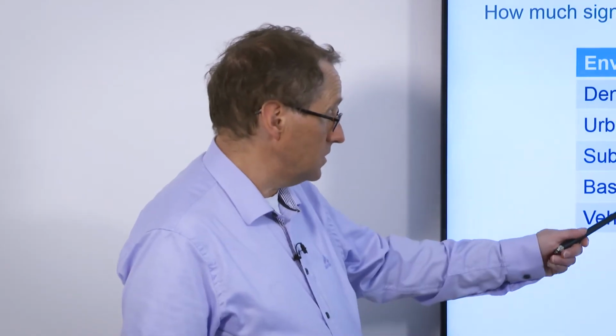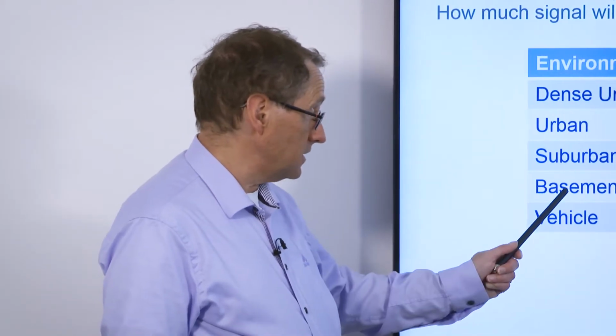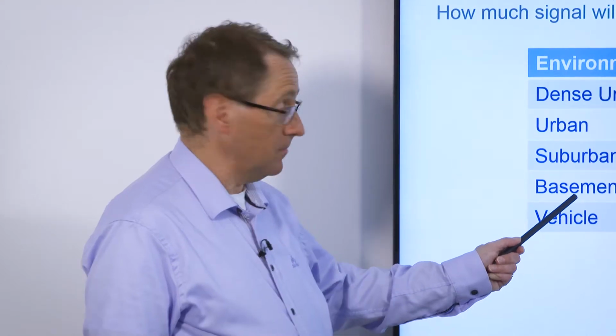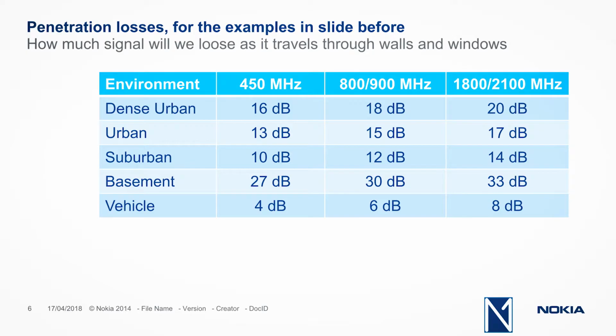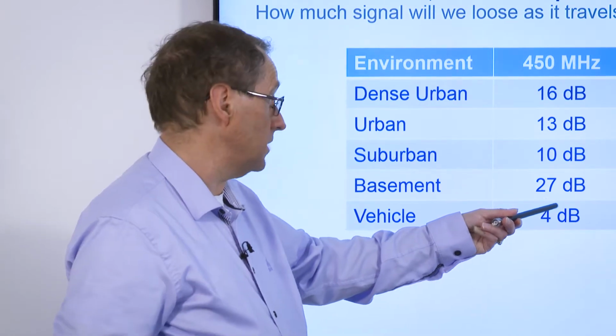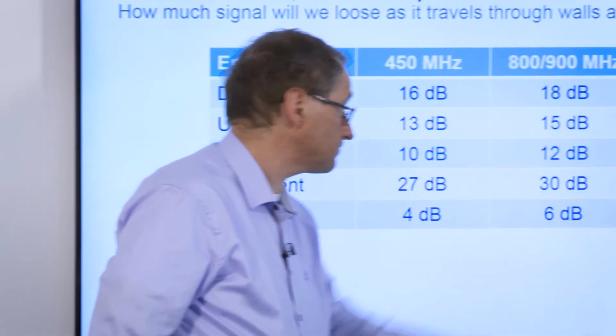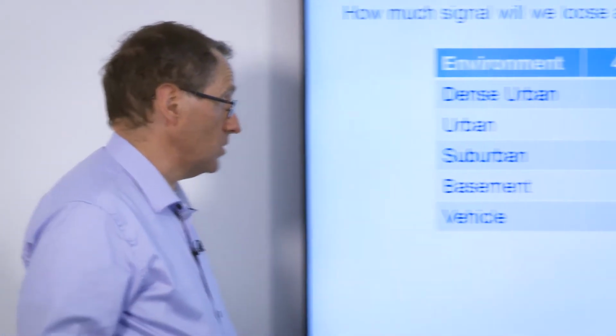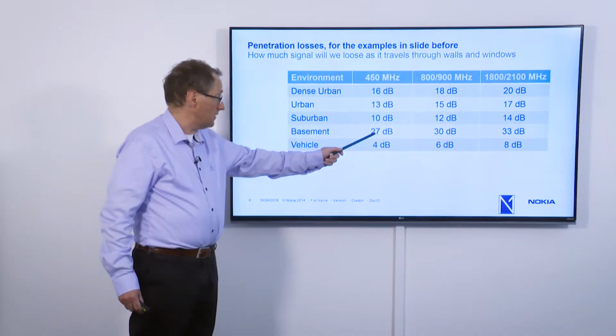And basement, which is in many houses a very important thing, but we see that it's really hard to cover through the concrete walls. Sometimes the signal goes through the floor, from the ground floor down to the cellar, but very often it goes even through the concrete walls. And there you see we have quite heavy losses.